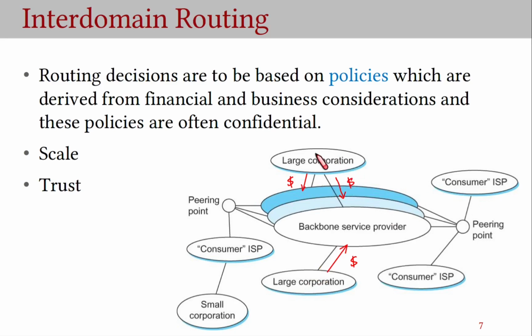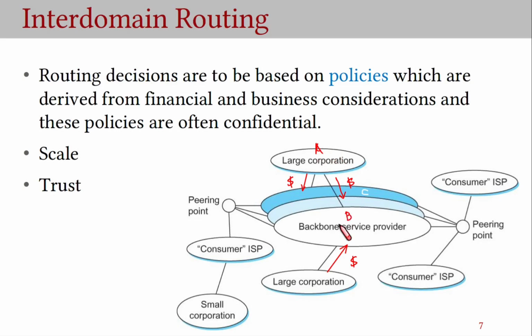And therefore there may be a situation, for example, where this corporation, let's say corporation A, and let's say this is service provider B, and this is another service provider, the blue one, let's call it C here. And so there may be a situation where, let's say, A prefers B for some reason.